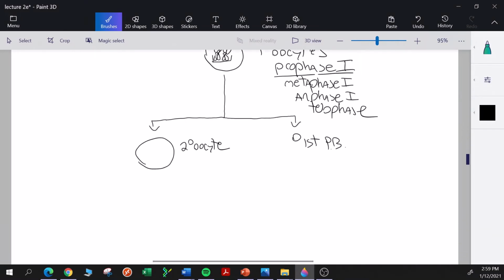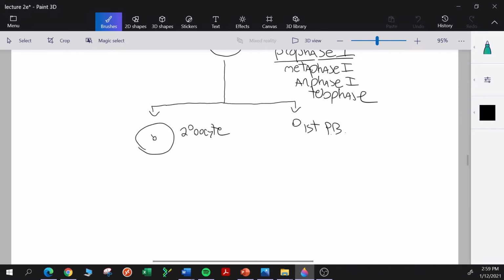Now the secondary oocyte will begin prophase 2 and then metaphase 2, and it will stall in metaphase 2. So we end up with something that looks like this.